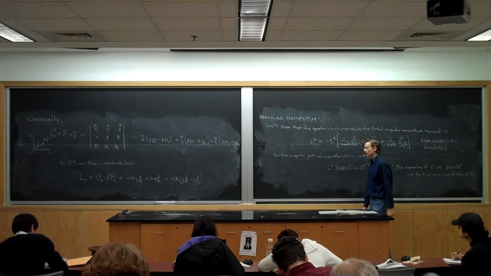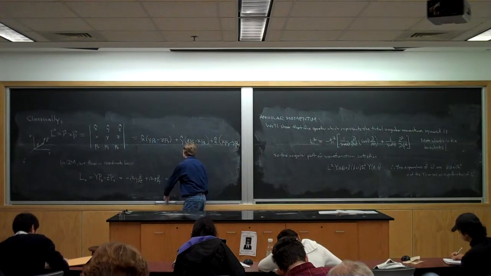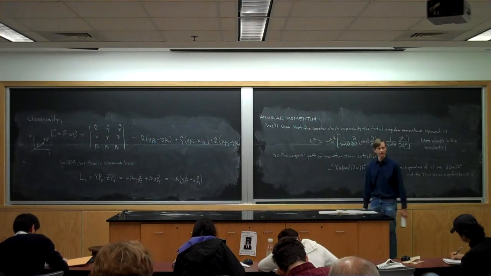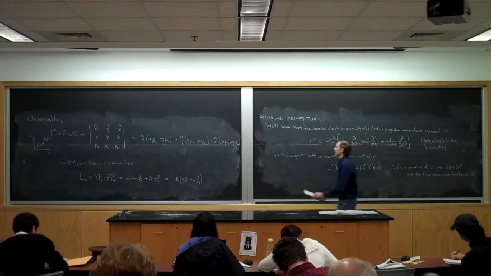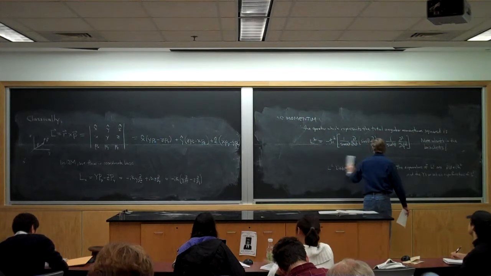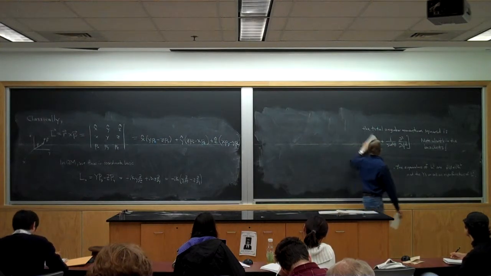So in Cartesian coordinates, the x component of the angular momentum operator is minus iħ times y partial with respect to z minus z partial with respect to y. So its eigenfunctions will be wave functions with a well-defined x component of the angular momentum.